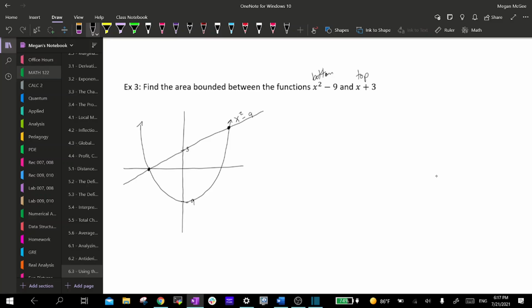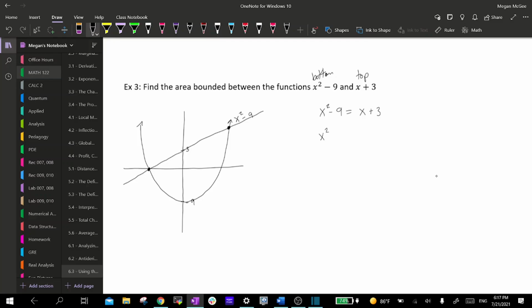Okay. Next, we need to determine our bounds. So to do that, we need to set them equal to each other because we need to find where the two functions intersect. So we have x squared minus 9 equal to x plus 3. We'll go ahead and move everything over to one side.